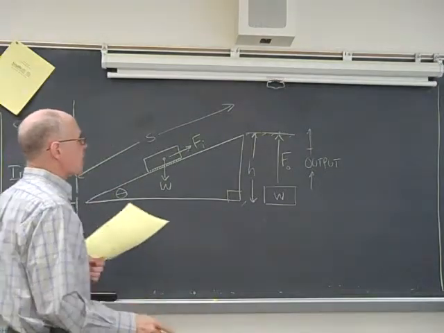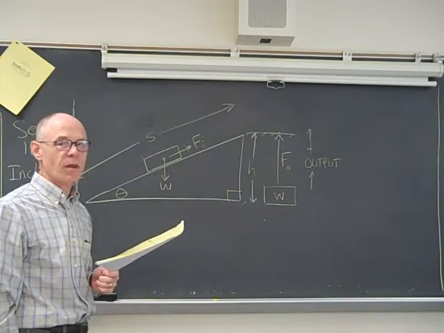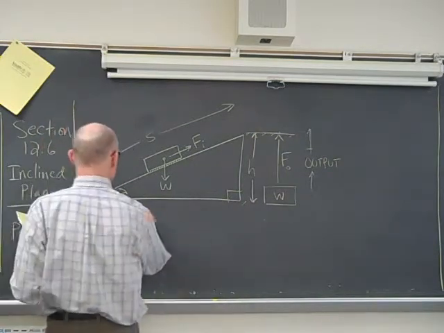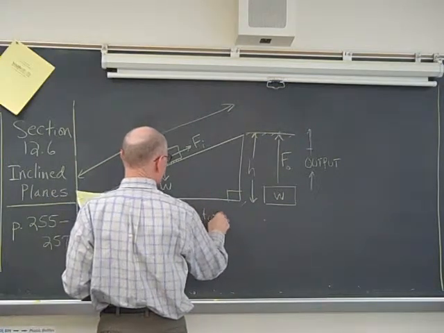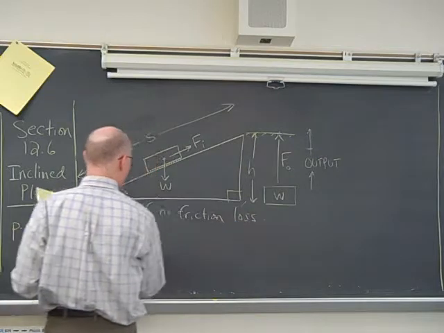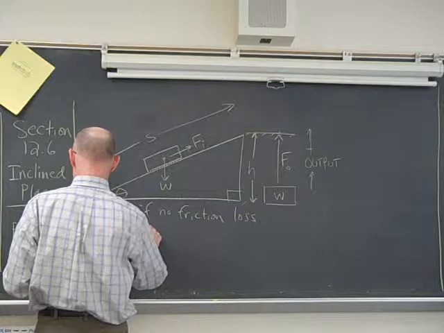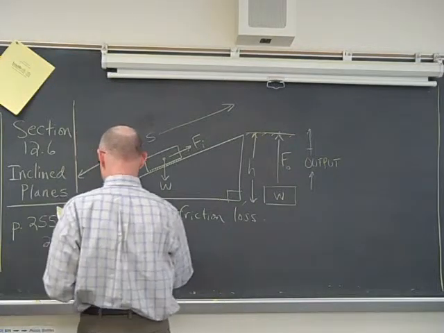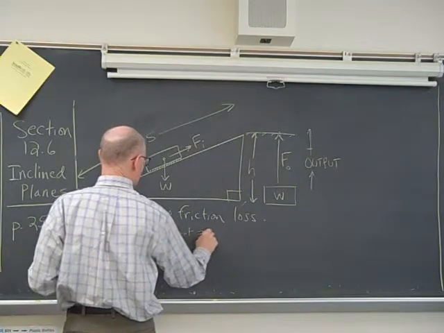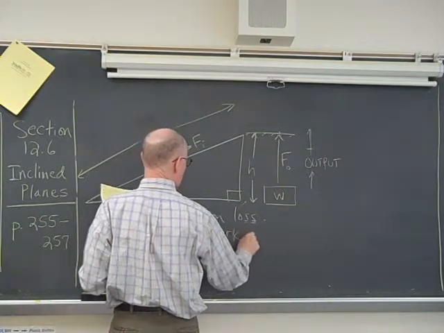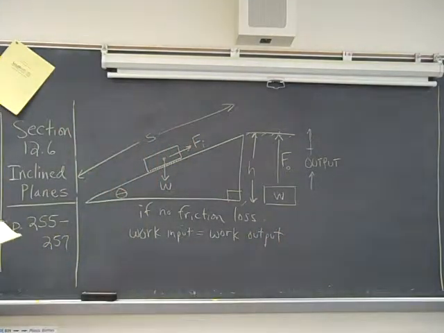If we assume there's no friction loss, and of course that's just an assumption which in reality is not true for an inclined plane, then we have work input equals work output, no friction loss.